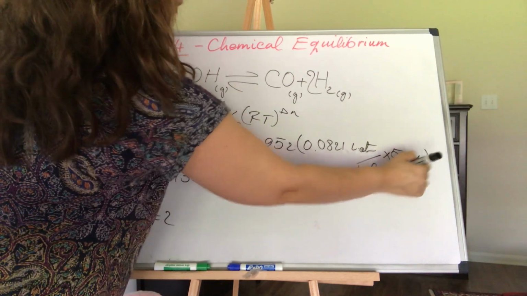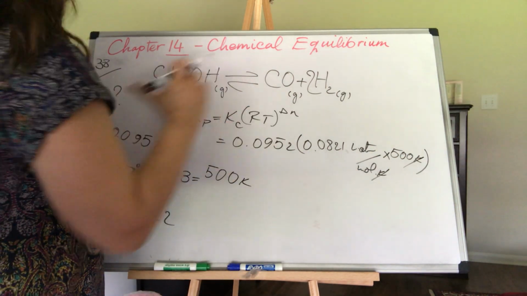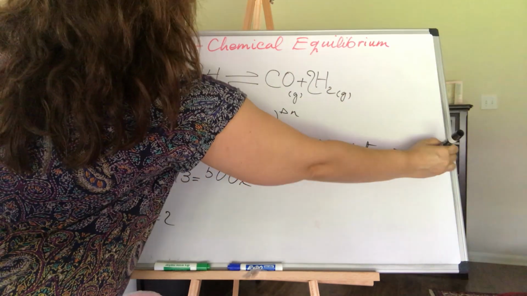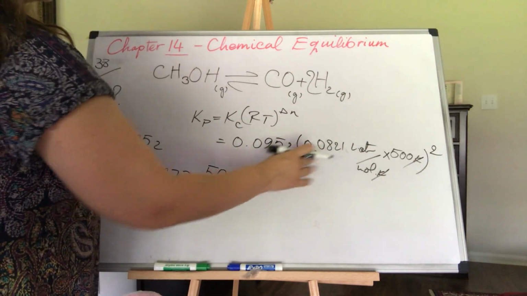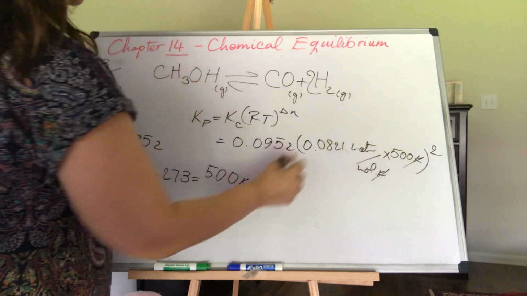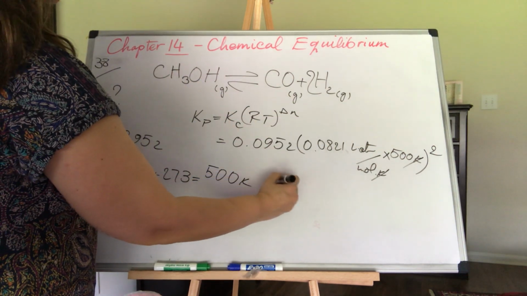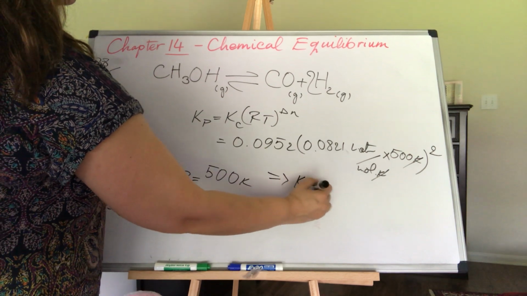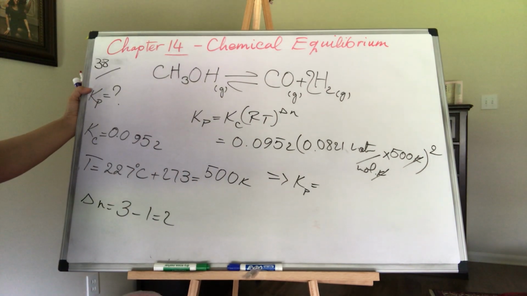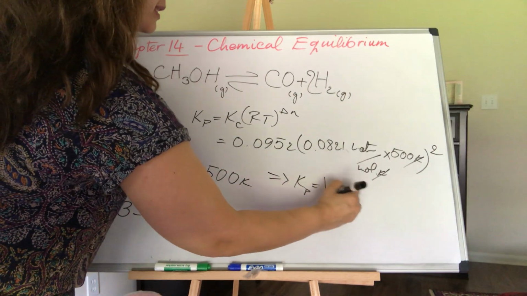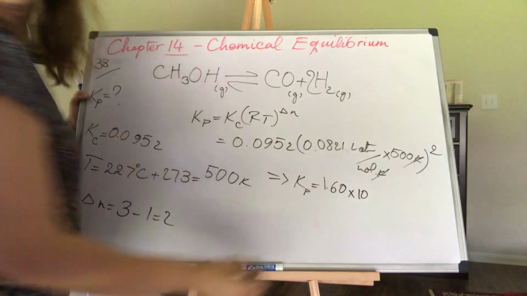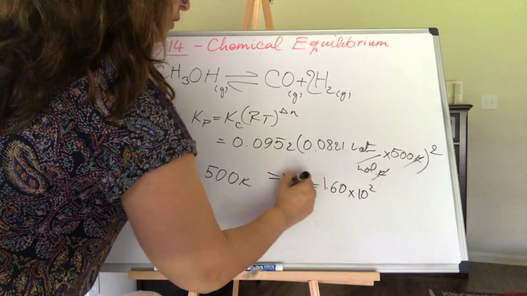So you can cancel Kelvin and Kelvin. Delta N is 2. So go ahead and do the calculations, these two to the power of 2 and times this. So the Kp value at the end is going to be 1.60 times 10 to the second.